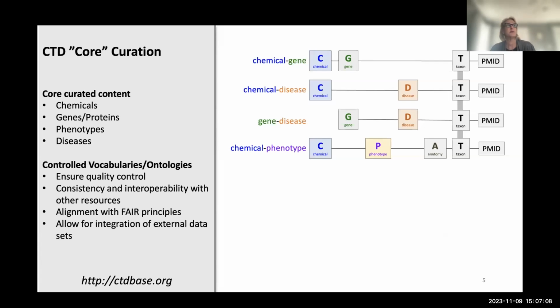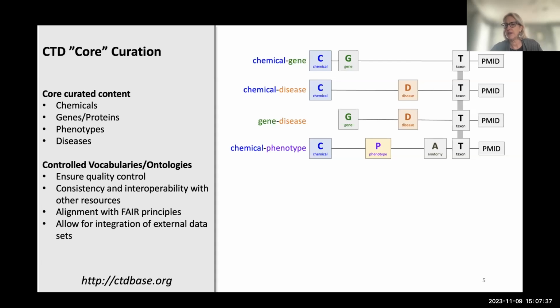For many years, we curated the information that's shown here. We consider this our core curation, and it consists of chemical-gene interactions, chemical-disease relationships, gene-disease relationships, and then chemical-phenotype relationships. By phenotype, we mean biological responses that are not exactly diseases.